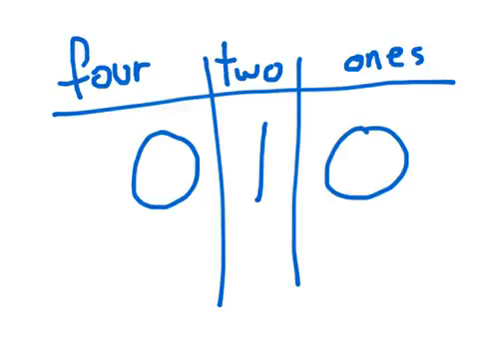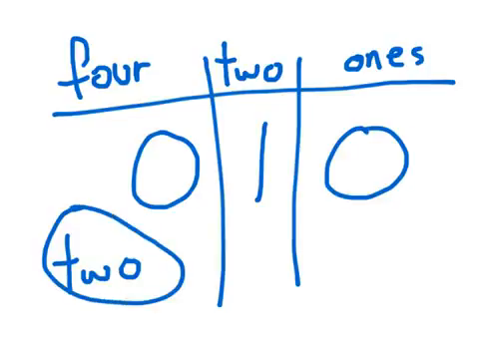Now why is it double? Well, that's because we are using base 2. If we were using base 10, then it would be 10 times greater. Since we're using base 2, it's 2 times greater, so it doubles. So then this binary number is just simply 2. Because there's nothing in the 4's place, there's a 1 in the 2's place, and there's nothing in the 1's place. So this number is 2.